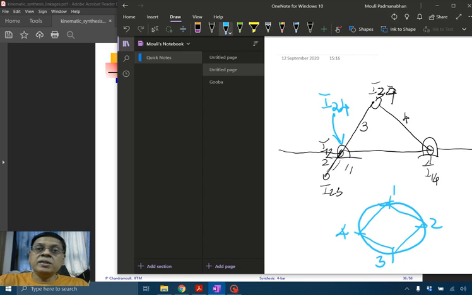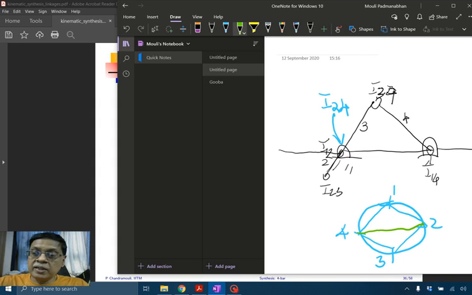Now the other instantaneous centers I am going to mark with a green line. So you can see that if I want 2, 4, which is the green connection, if I look at this triangle, it is on a line joining 1, 4 and 1, 2. And it is also on a line joining 2, 3 and 3, 4.